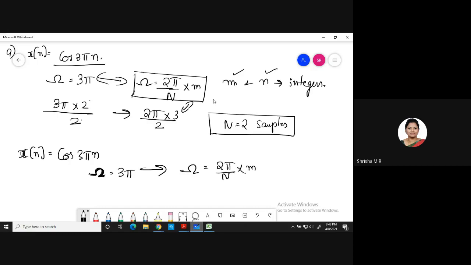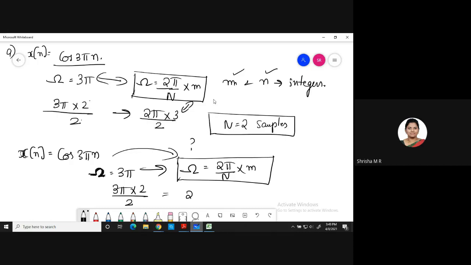How can I express this in this form? I can multiply and divide by 2, right? So this 3 pi I'll multiply by 2 and divide by 2, numerator and denominator. I'll rearrange this so that I get 2 pi into 3 by 2. Have I expressed this in the standard form?